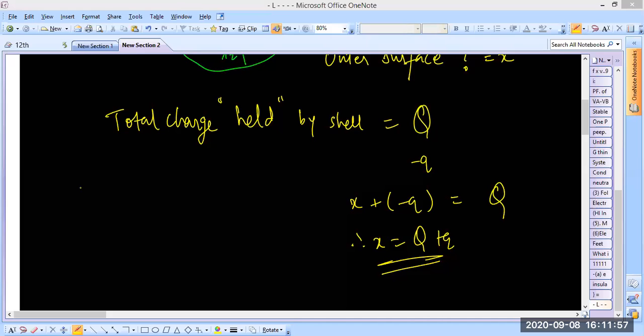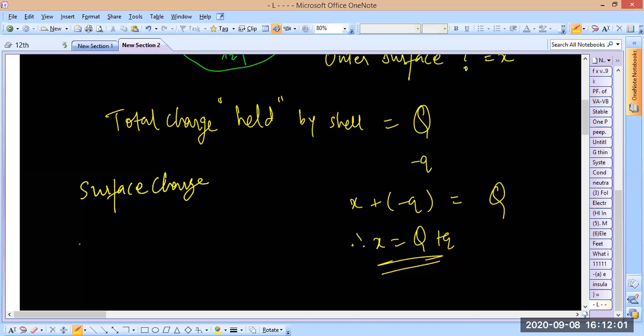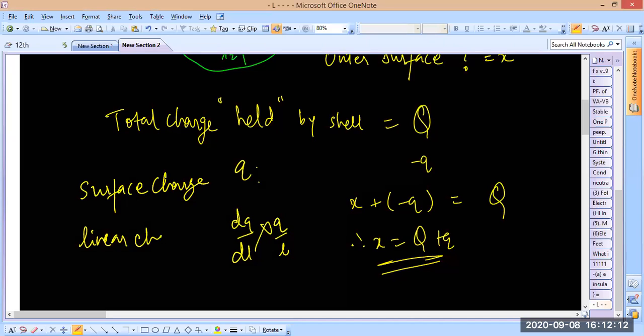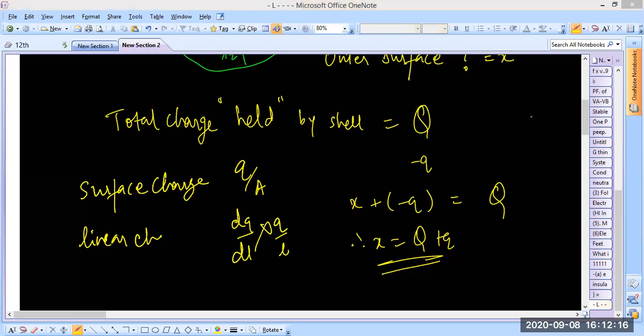People, I'm asking about surface charge density. Okay, not line or linear. I'm not talking about linear. So it's not dq by dl or q by l. No, this is q by a or dq by da, right? Okay, so find the answer. Hurry up. Find the answers.